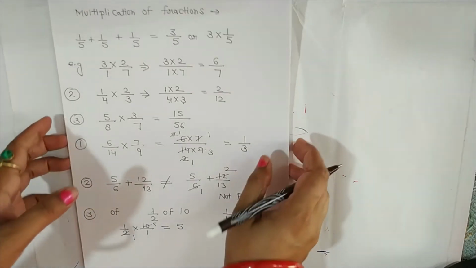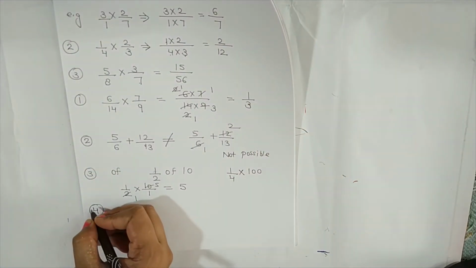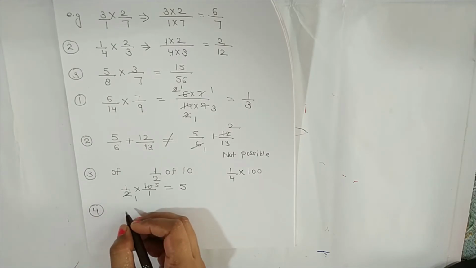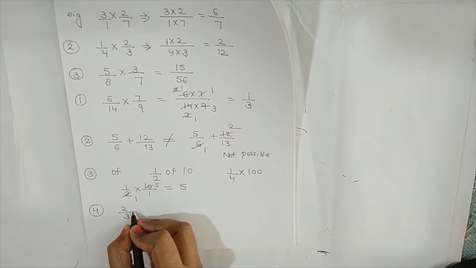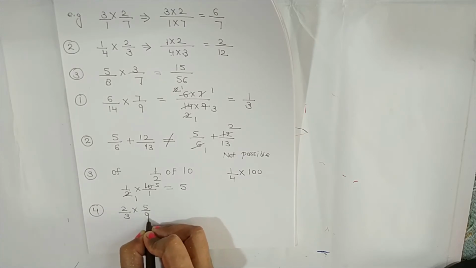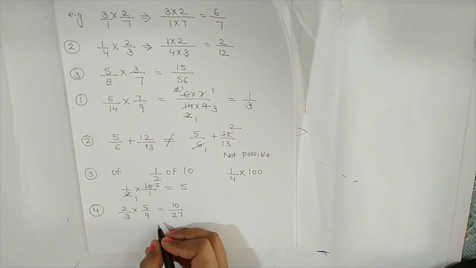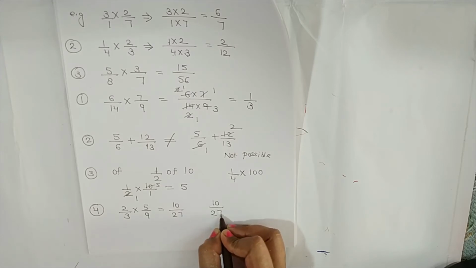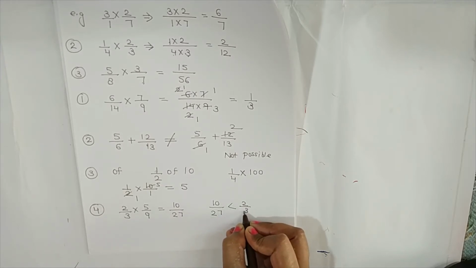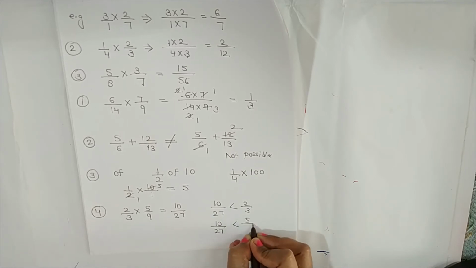Okay. Now the fourth important thing is the value of the product of two proper fractions is always less than each of the fractions. Suppose 2 upon 3 multiplied by 5 upon 9 equals 10 upon 27. Here 10 upon 27 is less than 2 by 3 as well as 5 upon 9.